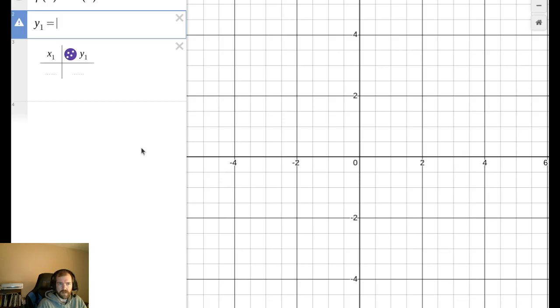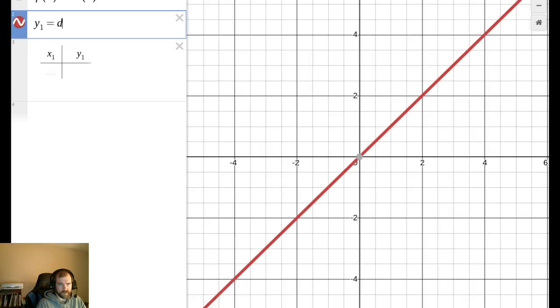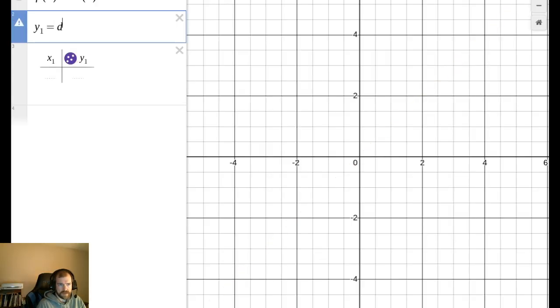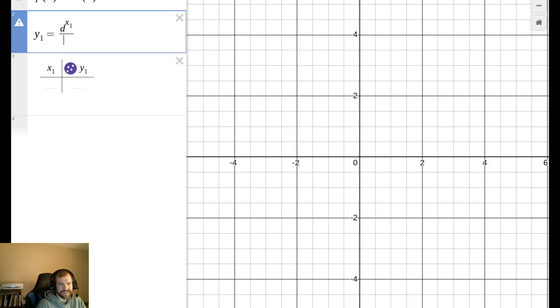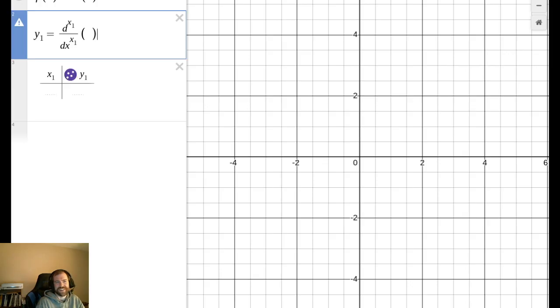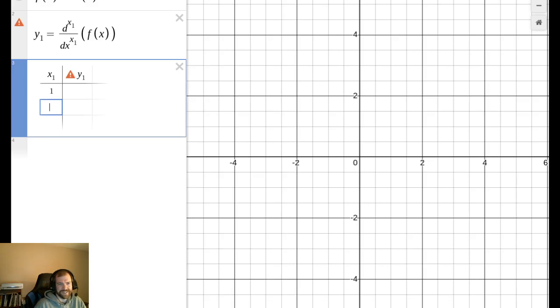How do we do that? Nope. D x1 dx of f of x1. No idea if this is even going to work. Nope. Okay. I kind of thought, but yeah. What do you mean they can't be defined in terms of each other?